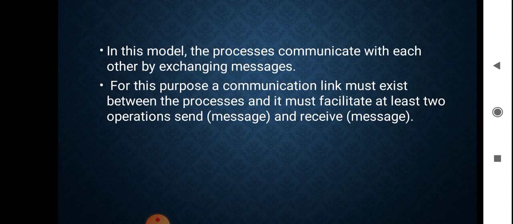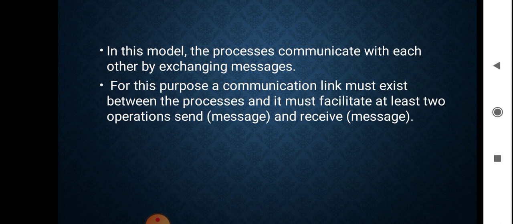If two processes, for example P1 and P2, want to communicate with each other, there should be a communication link. In the message passing model, if two processes want to communicate with each other, there must be a communication link between the two processes. Clear?